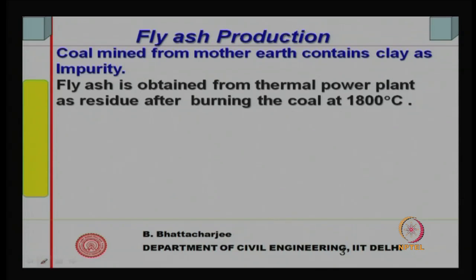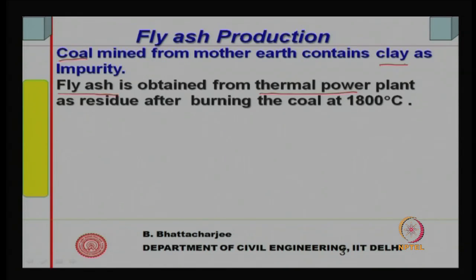The fly ash is obtained from the thermal power plant, because this coal is burnt and it contains clay.